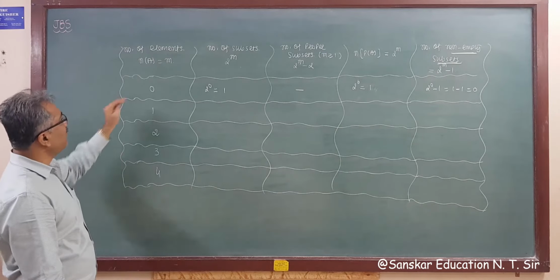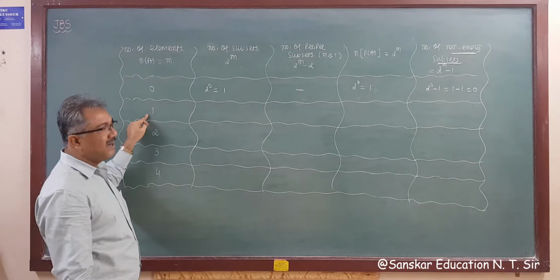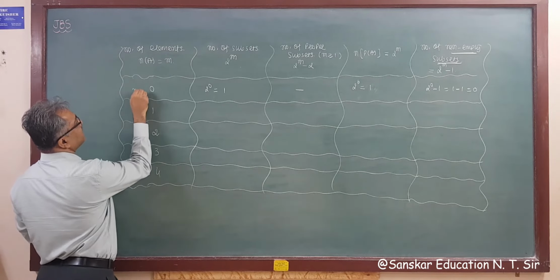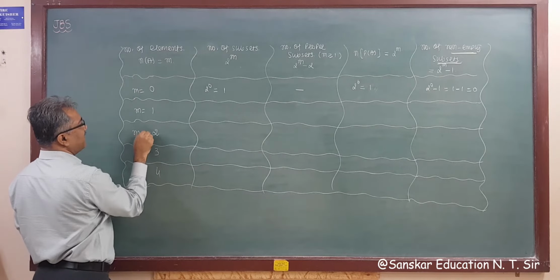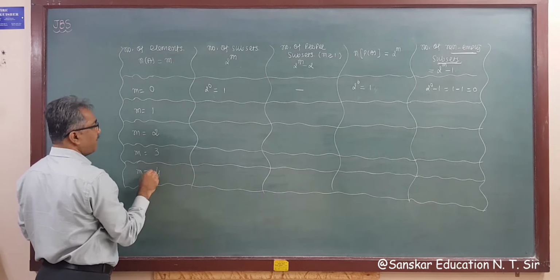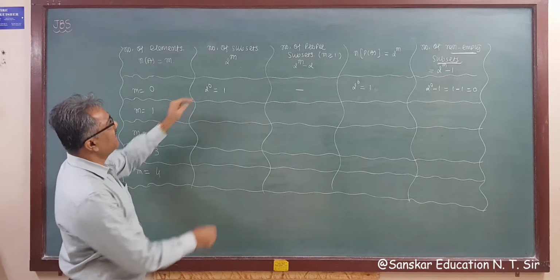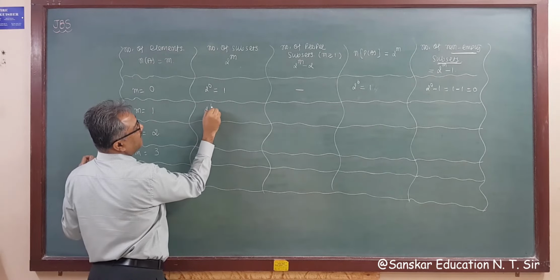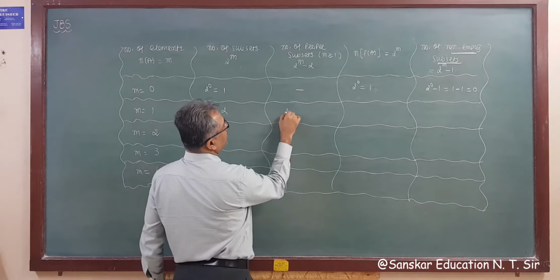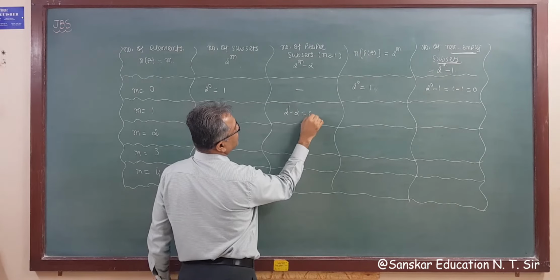Got it? Suppose the number of elements is 1, that is m is equal to 1. Then the number of subsets is 2 raised to 1, that is 2. Proper subsets 2 raised to 1 minus 2, that is 0.